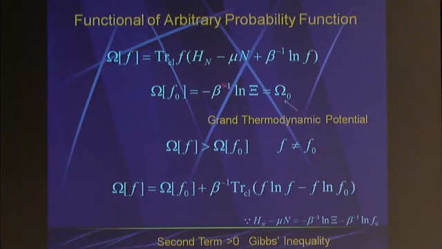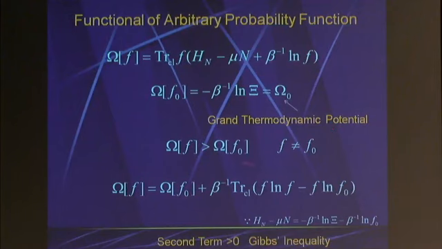Let's consider a functional as shown here: the Hamiltonian chemical potential part, and this is the entropy part, and take a trace with F, and it's immediately clear that omega F0 is exactly the equilibrium ground thermodynamic potential.